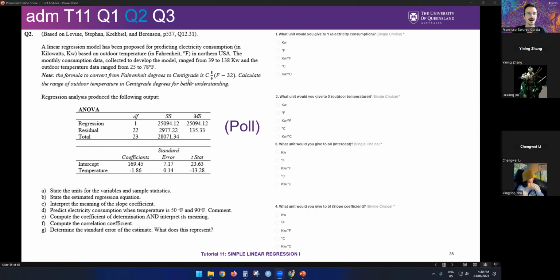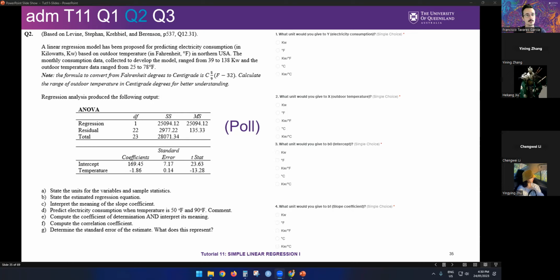A linear regression model has been proposed for predicting electricity consumption in kilowatts based on outdoor temperature in Fahrenheit in northern USA. The monthly consumption data collected to develop the model ranged from 39 to 138 kilowatts.